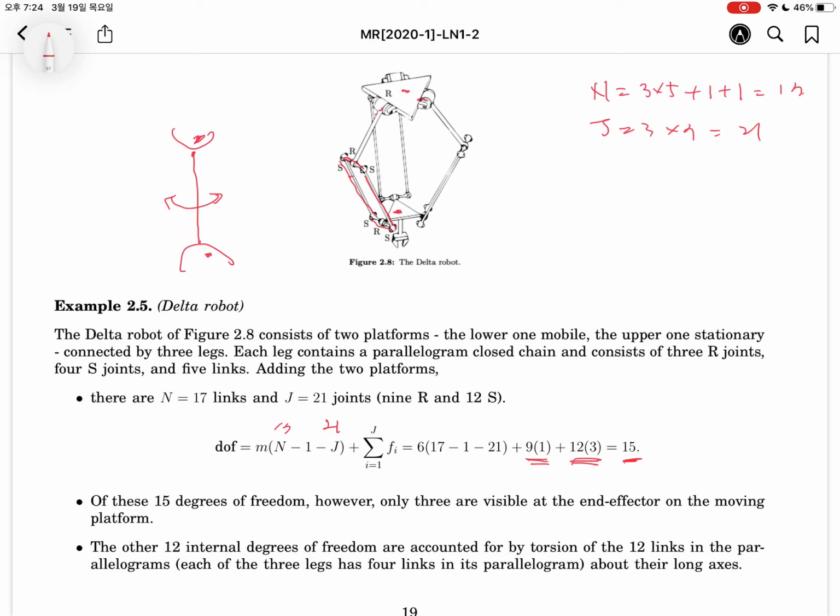So this parallelogram has 4 internal motions, 3 times. So minus 12 is required to remove the internal motion. So we have 3 degrees of freedom of motion of the end effector. Of this 15 degrees of freedom, only 3 are visible at the end effector because it has 12 internal degrees of freedom.